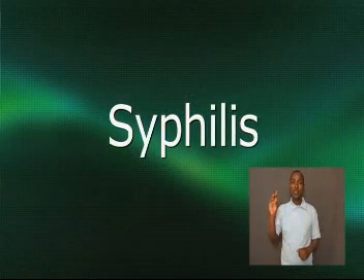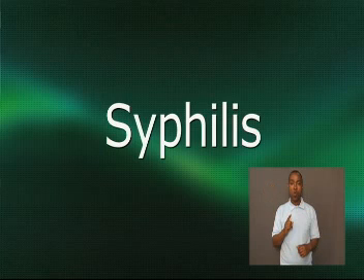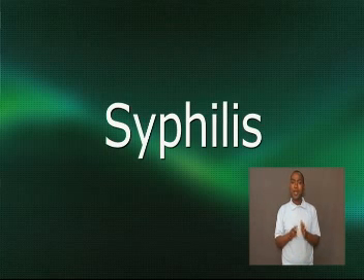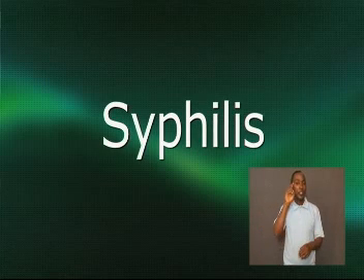Syphilis is another common STD caused by a bacterial infection. Like gonorrhea, it is spread by sexual contact with an infected person. Syphilis can also be passed on from an infected pregnant mother to the unborn child.